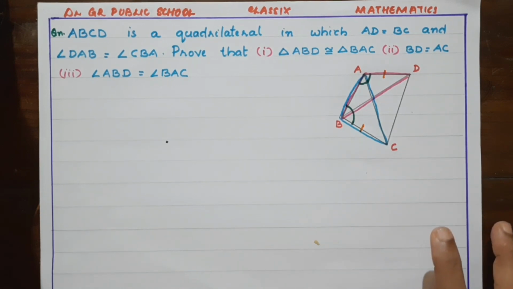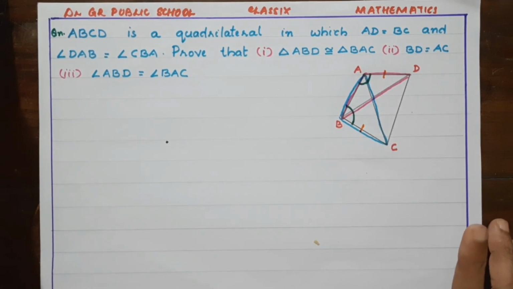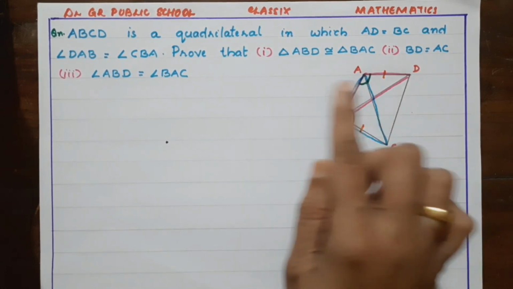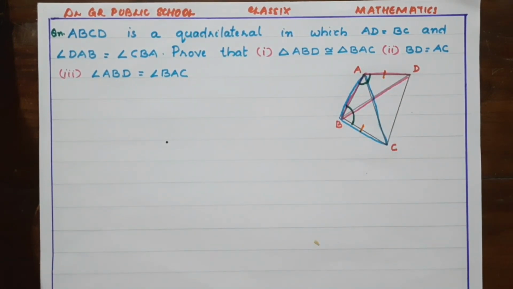Here we have discussed only one congruency criterion, SAS. But after studying all the criteria, you have to check which one is suitable for proving the congruency of the given triangles. Here we have discussed only one criterion, SAS, so you know we have to apply that criterion.